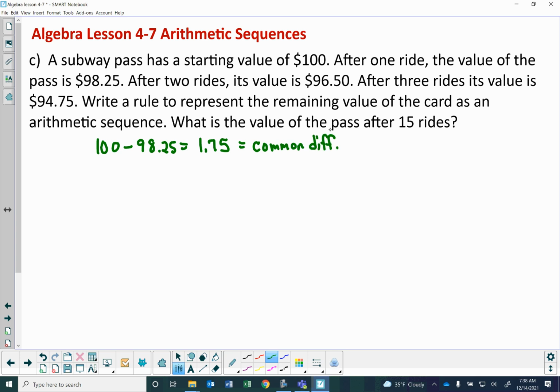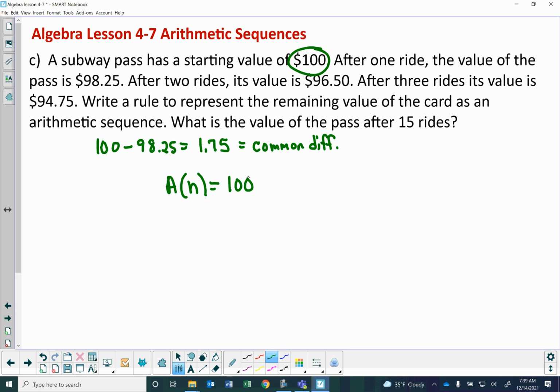Okay, so to write my formula, I'm going to write it as an explicit formula because then I don't have to find 14 rides in front of it to find the 15th ride. So a of n is going to equal my first term, 100, because you're supposed to do a of 1, which is your first term. And then you're supposed to add or subtract.